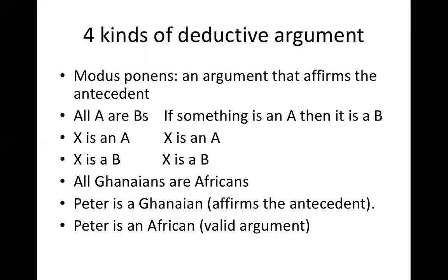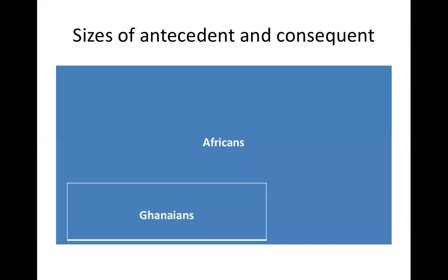Now let's look at the illustration. We have two boxes. We have a bigger box called Africans. We have a smaller box called Ghanaians. Now the smaller box is in the bigger box. We said that everyone who belongs to the smaller box is automatically in the bigger box.